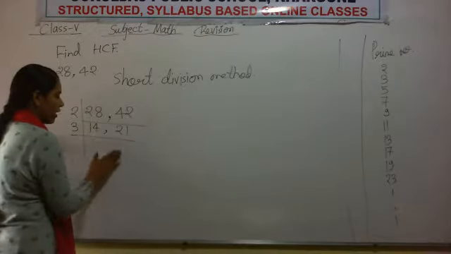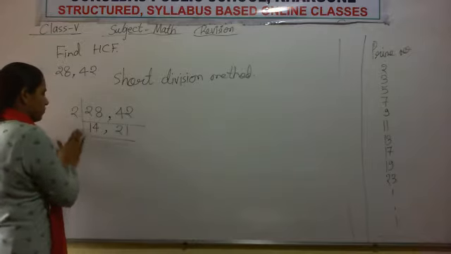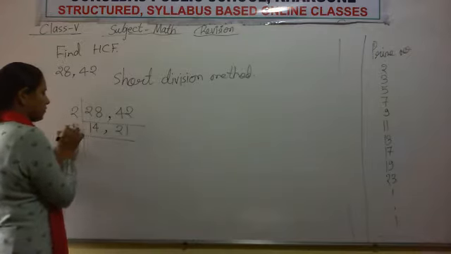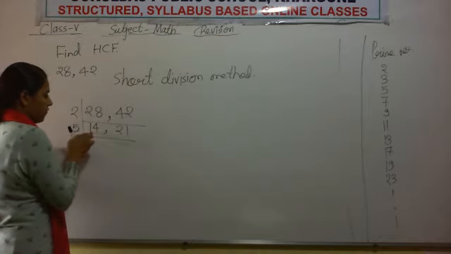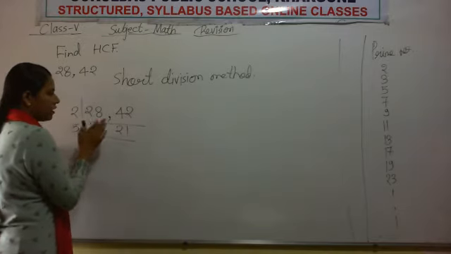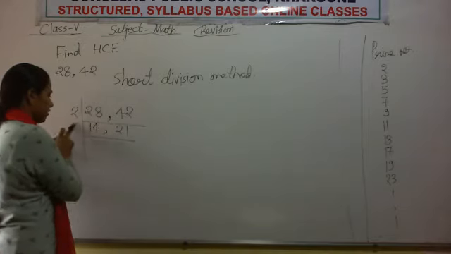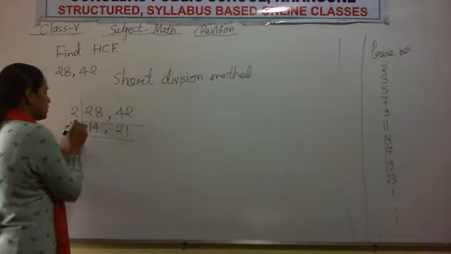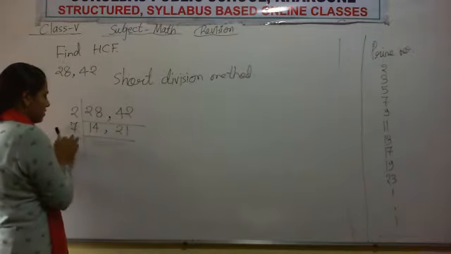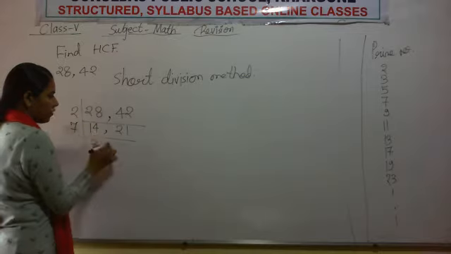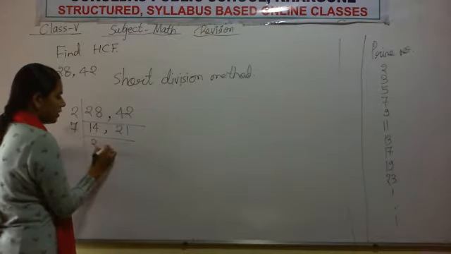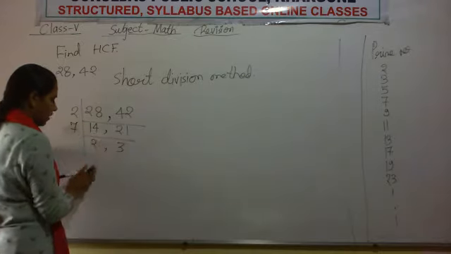So we will not divide it by 3 also. So let us choose another prime, which is 5. 5 cannot divide 14 or 21 either. So let us take the next number, 7. 7 twos are 14 and 7 threes are 21.